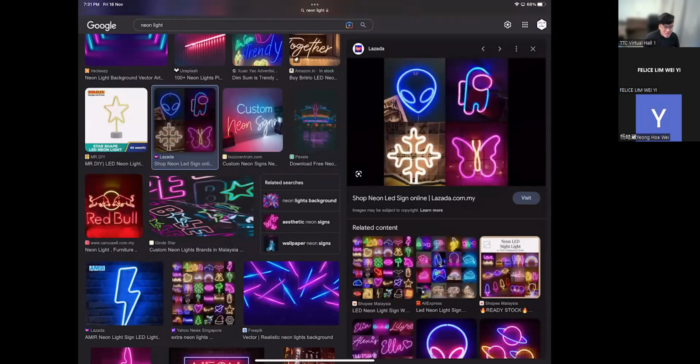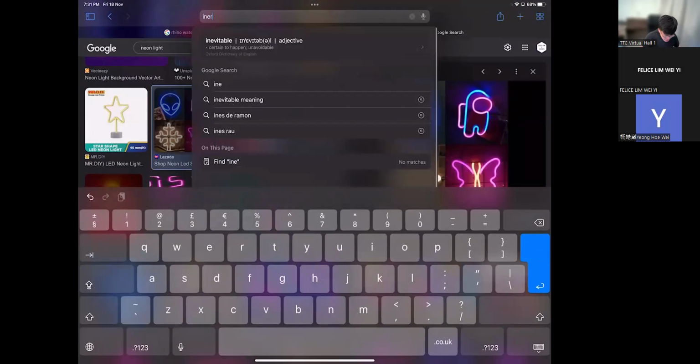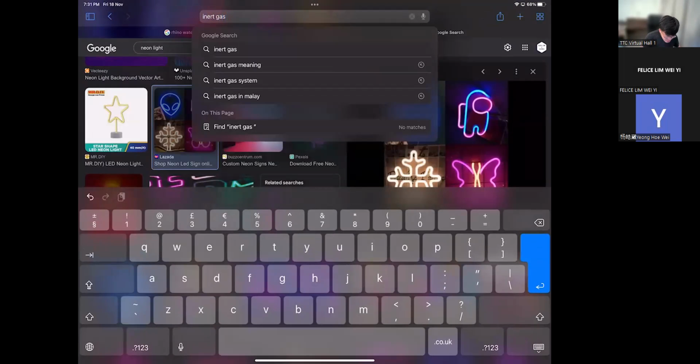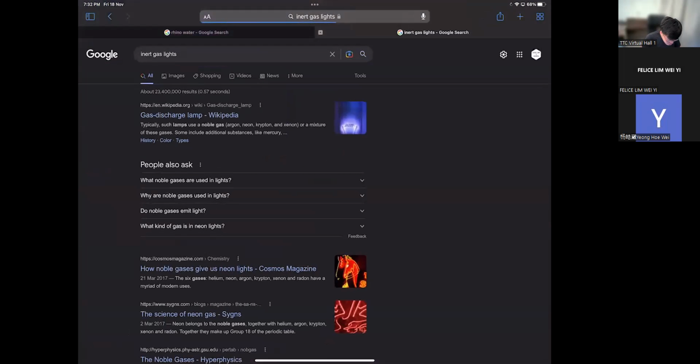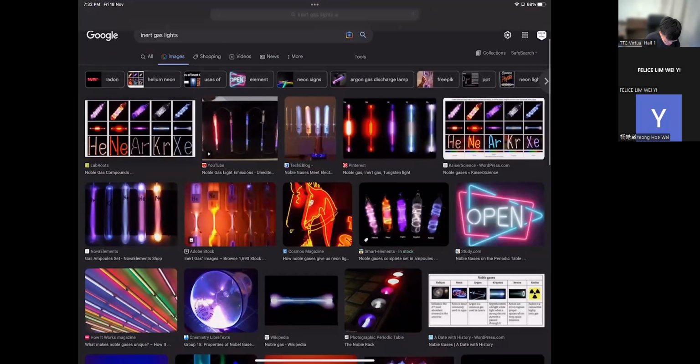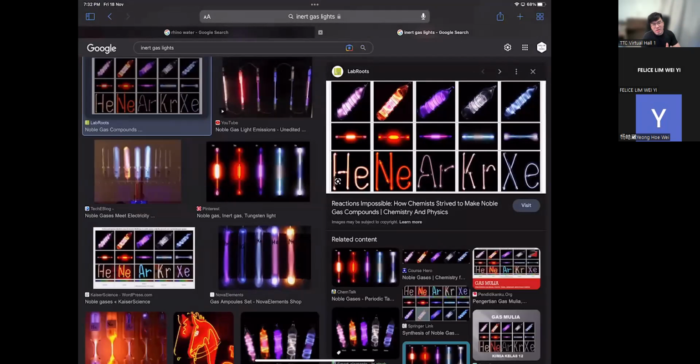So this is neon. Okay, so your inert gas, about this inert gas, they give you these very pretty lights. So when you put electricity through them, you see helium, neon, argon, krypton, xenon. So every inert gas, the last row one, you give them electricity, they will give you back these very pretty lights. Ooh, so cool, isn't it? So we don't use them anymore, because now everything is LED.